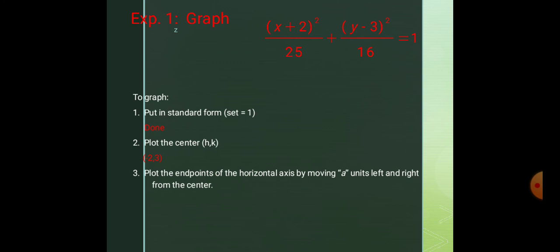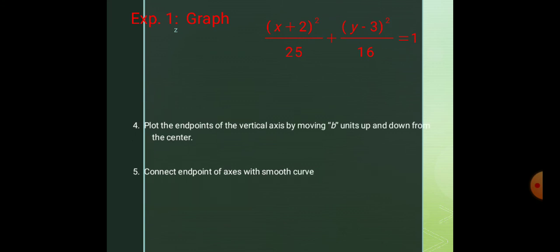Third, plot the endpoints of the horizontal axis by moving a units left and right from the center. The endpoints are at (-7, 3) and (3, 3). Fourth, plot the endpoints of the vertical axis by moving b units up and down from the center.